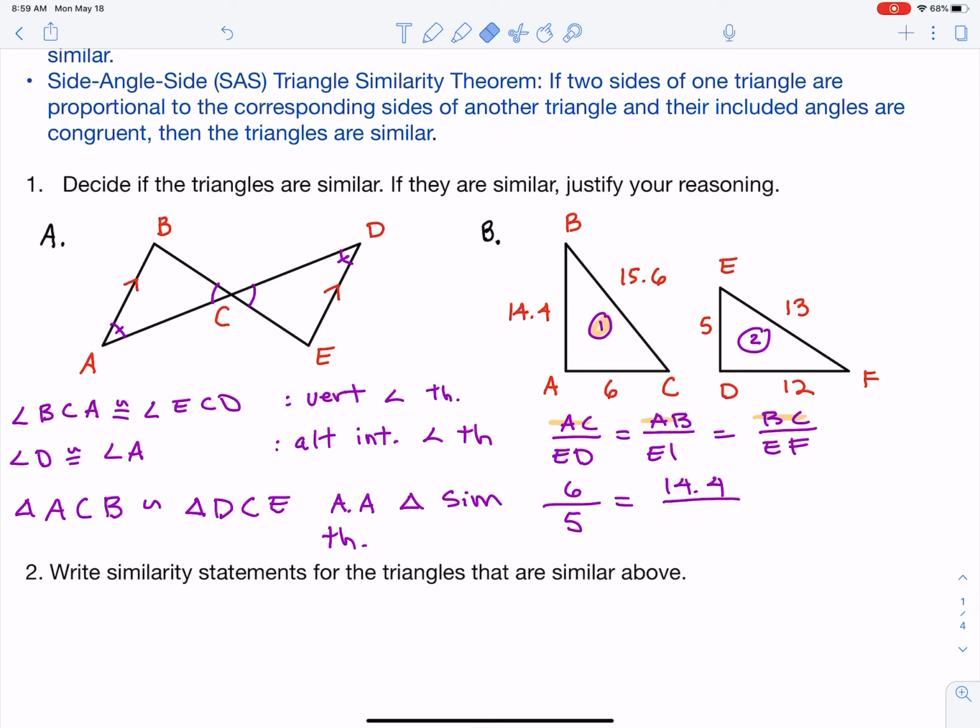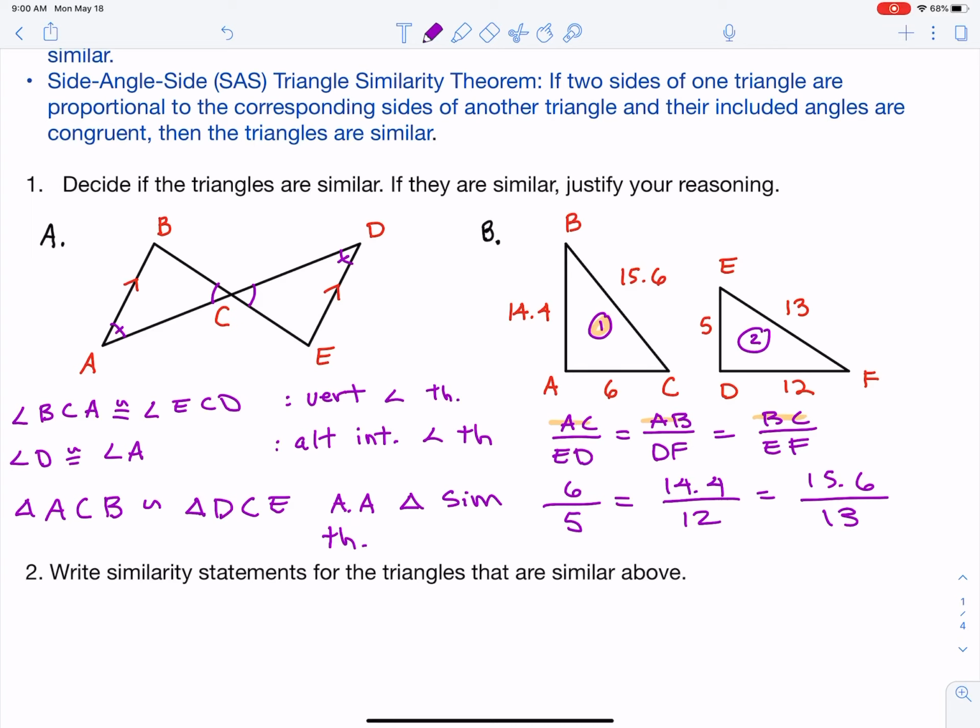I noticed that. That's not correct, is it? It was DF. Let's correct that. That was a mistake on my part that I did not notice. So DF is 12. So let's just make sure we're good since I messed up on that one. AB is to DF. Looks good. And then let's continue. Last one is BC, which is 15.6, is to EF, which is 13.